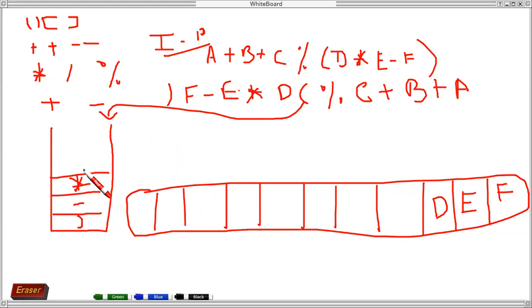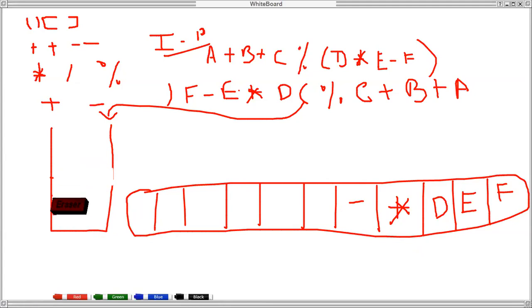I repeat: first the multiplication will come out as per the order, and then the minus sign will pop out, and this opening bracket is going to neutralize the closing bracket.